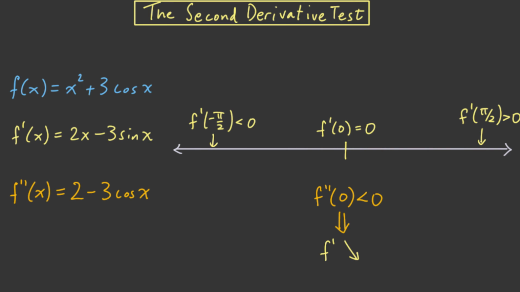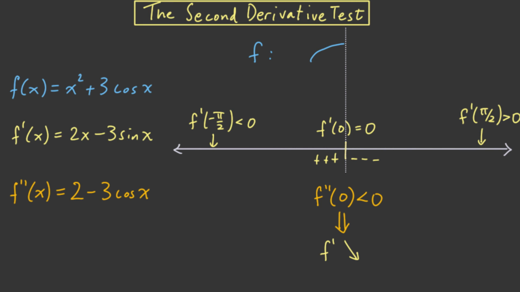f prime equals 0 here, so bigger than that means it's positive just to the left. And smaller than that means it's negative over here just to the right. So there we go. f prime is positive just to the left, so f will increase up until x equals 0.